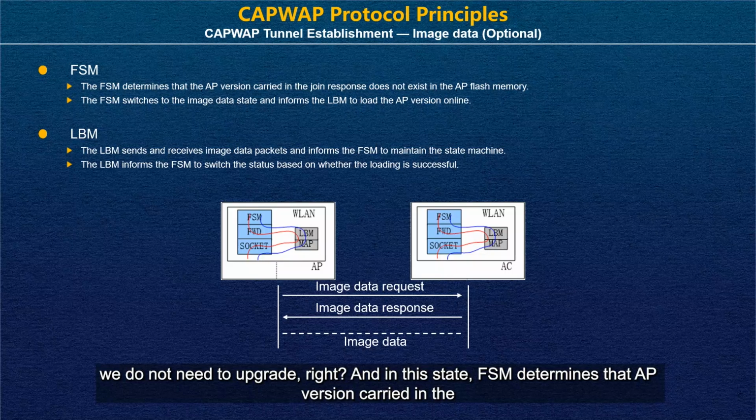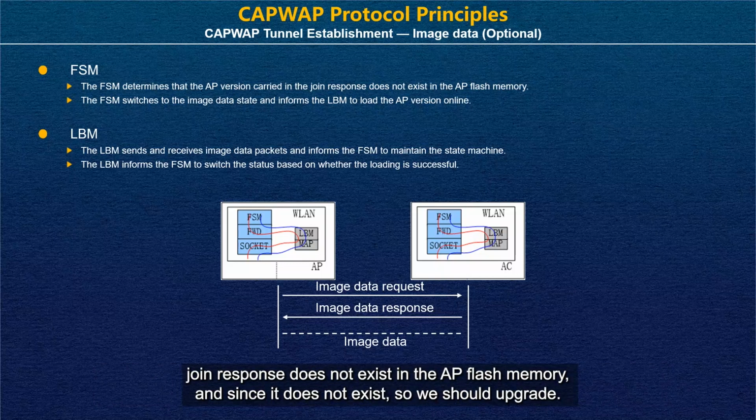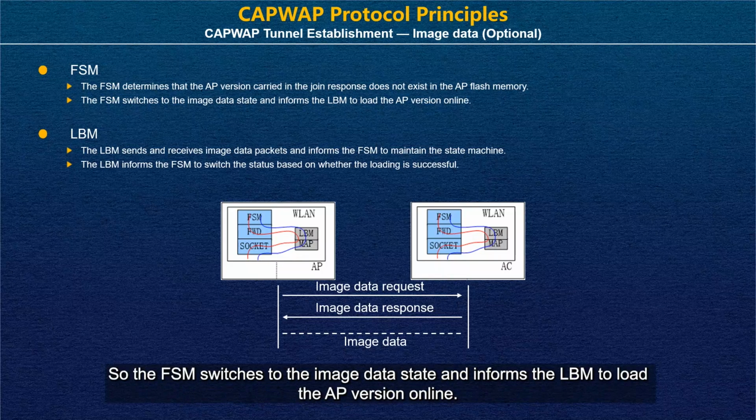And in this state, FSM determines that the AP version carried in the join response does not exist in the AP flash memory, and since it does not exist, we should upgrade, right? So the FSM switches to the image data state and informs the LBM to load the AP version online.